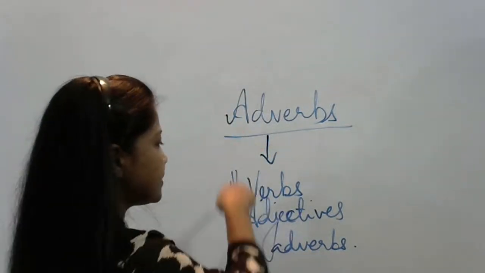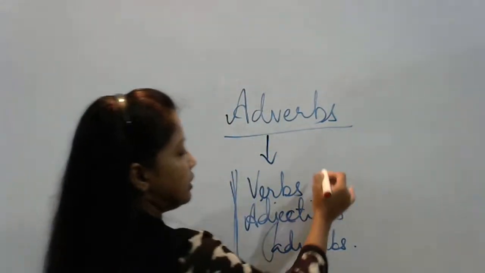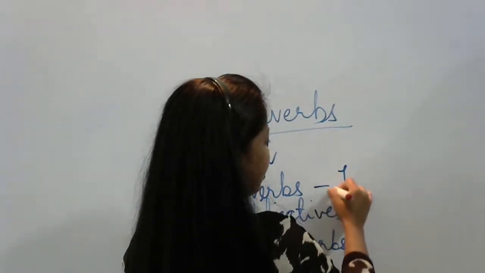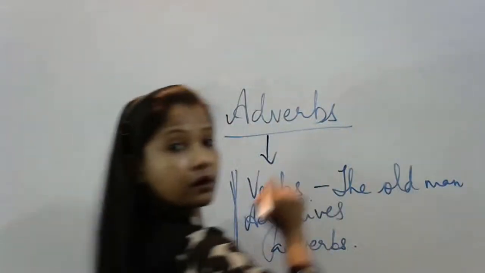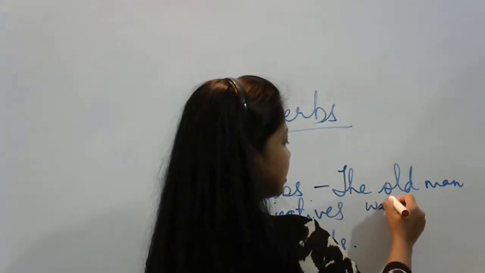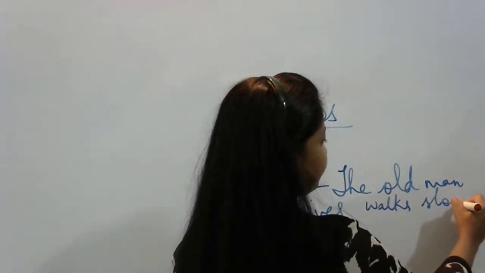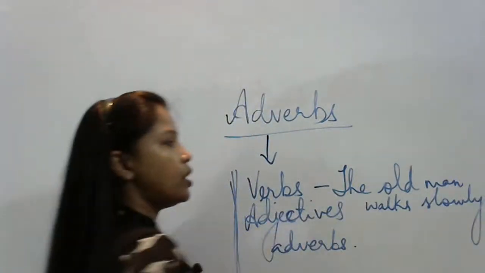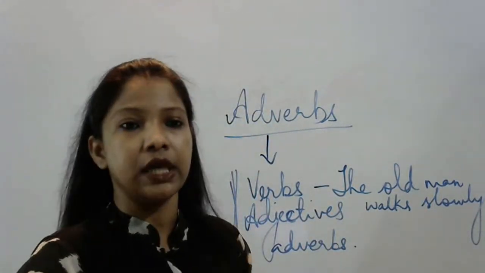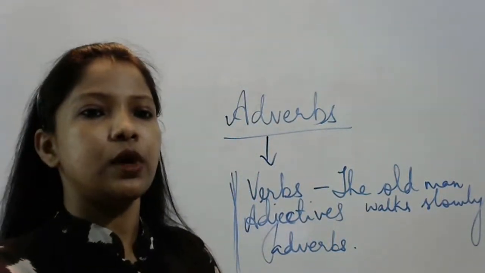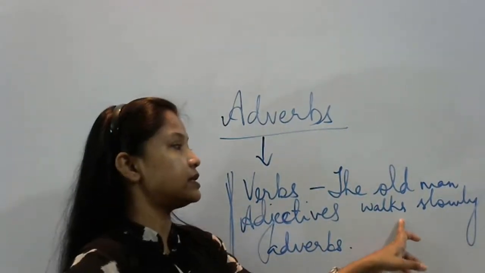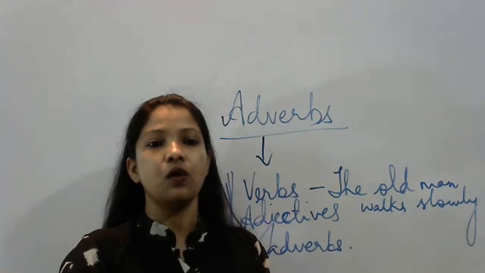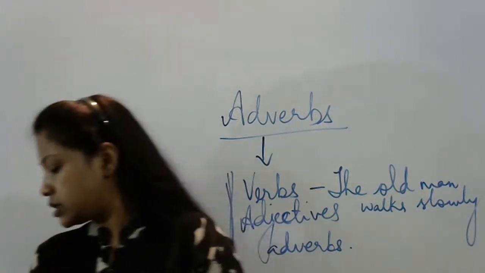Now, how do adverbs describe words? Let's take an example. The old man walks slowly. Can anyone tell me which is the adverb in this sentence? The sentence is: the old man walks slowly.